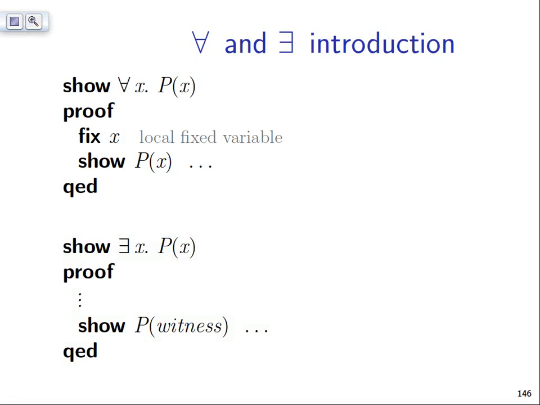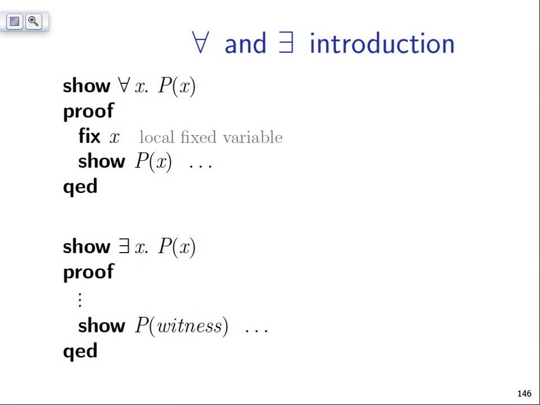How about the existential quantifier? If you're trying to prove an existential statement, then the standard proof method, if you just say proof here, the system will assume this is what you're trying to do. You're trying to prove an existential statement. What's the way to do it?